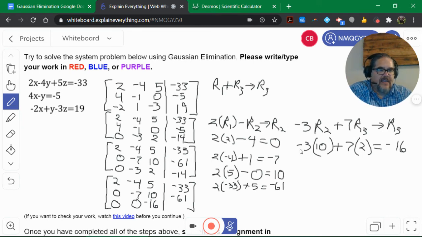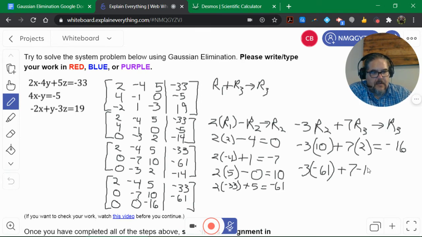And then we're going to do that now for these values right here. Okay, so we get negative 3 times negative 61, plus 7 times negative 14. And I'll go ahead and put that there.